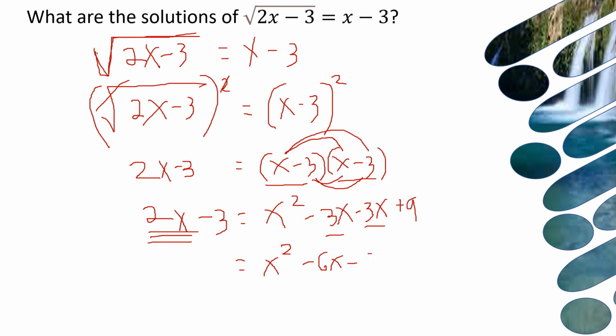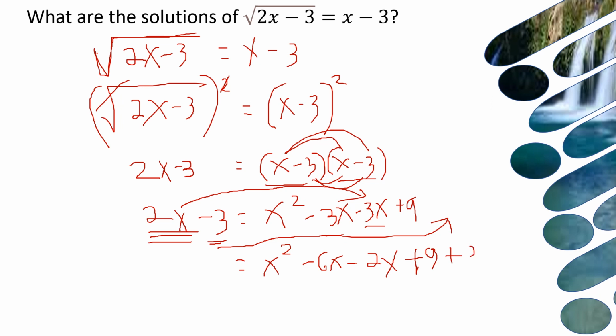So it will become negative 2x now, since we transpose it to the other side of the equation, so its sign becomes negative. Then this negative 3 will be transposed also to the other side of the equation. So just rewrite 9 and the 3 becomes positive. 0 on the left side.